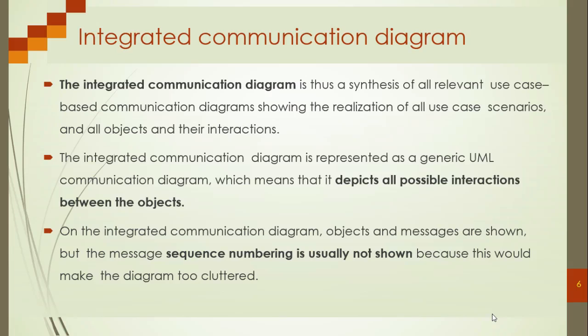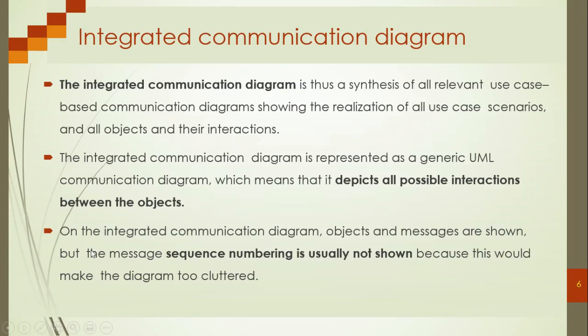So what is the integrated communication diagram? It's an overview of the whole system. This diagram gives an overview of all the use cases in the system. It represents all the interactions of the system, all the interactions of the objects inside the system.